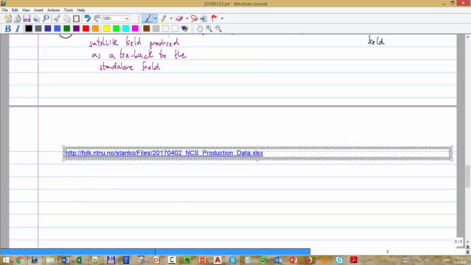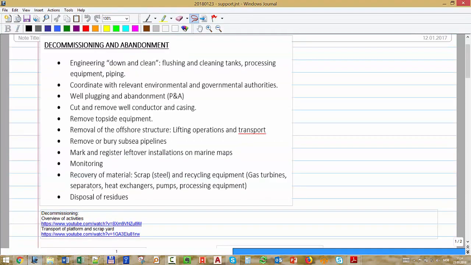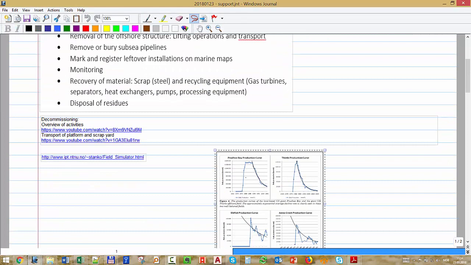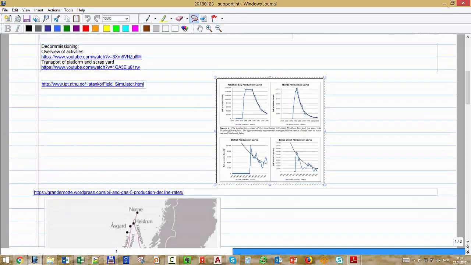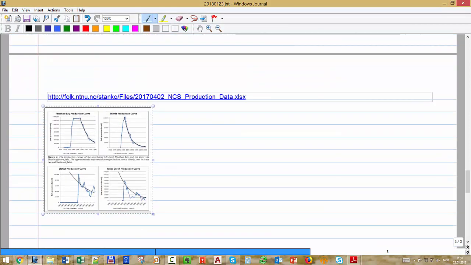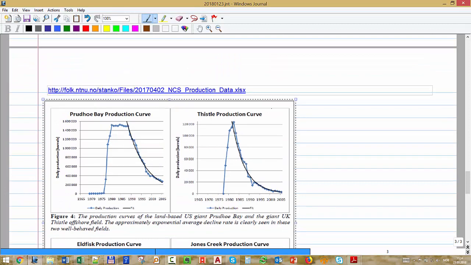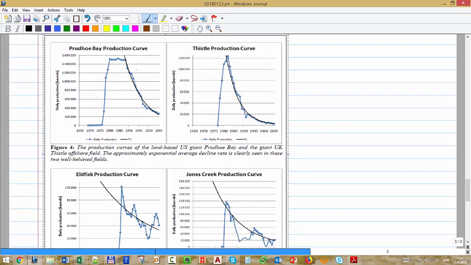There is a website which is quite interesting, where the person is trying to make an analysis of different fields. You see the decline because many things happen during production. It's not exactly smooth, but if on the overall data you put a trend line, actually you have that decline.